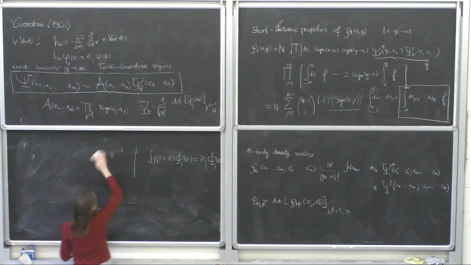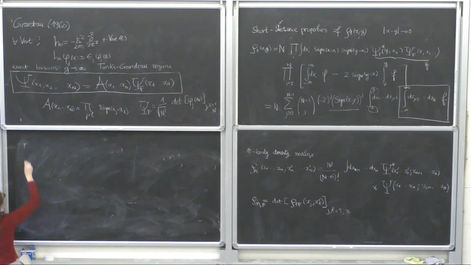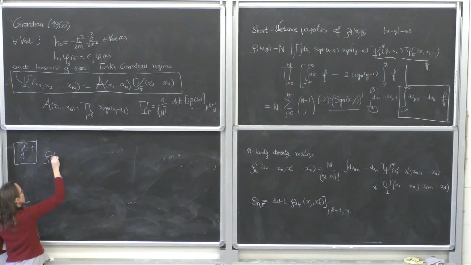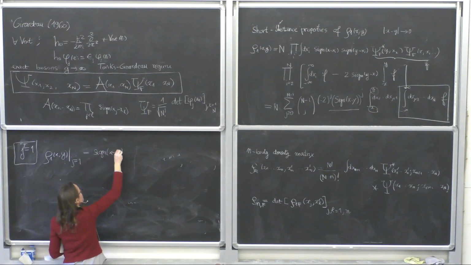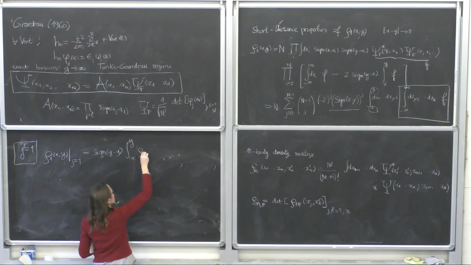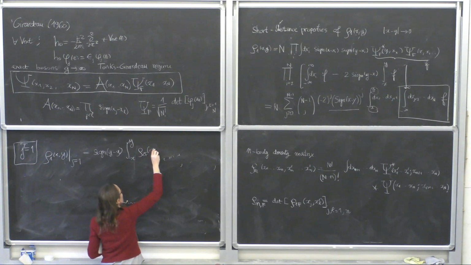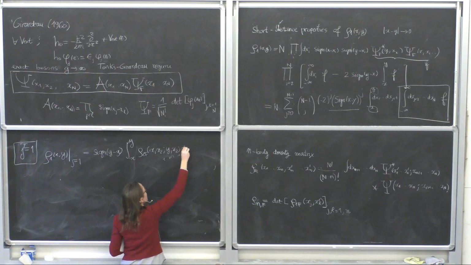To verify this, the first non-trivial term is J equal 1. In this case, look what happens. The rho 1 for J equal 1 has this form: sine of x minus y, times the integral from x to y of this fermionic rho 2 of x, x2, y, x2 in the x2.